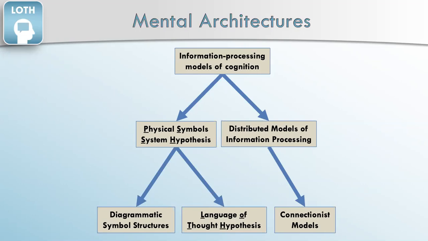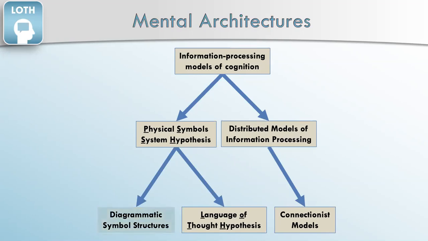And there's going to be two very big mental architectures that we'll talk about: the language of thought hypothesis and connectionist models, but there are others. The reading goes into it in some detail. And we will, in this class, eventually cover everything, or at least all of the major models of mental architectures.